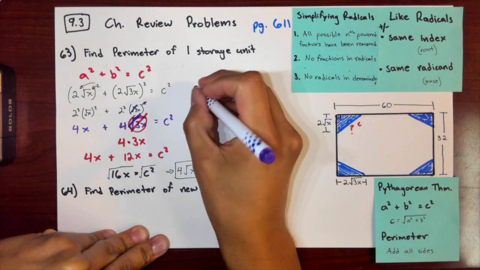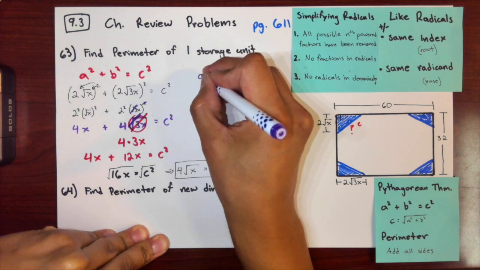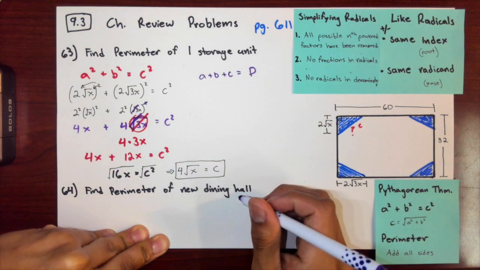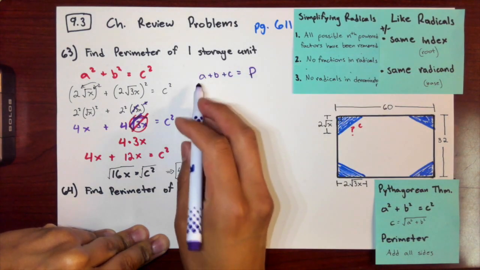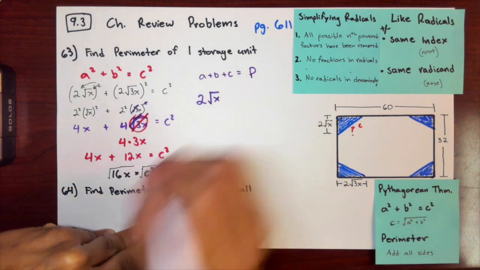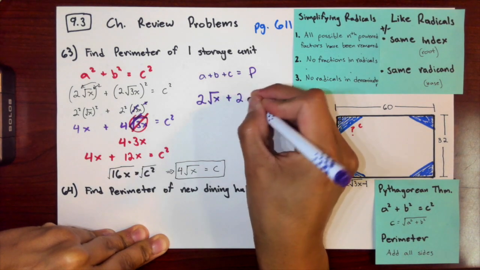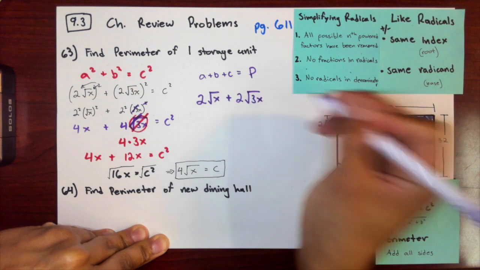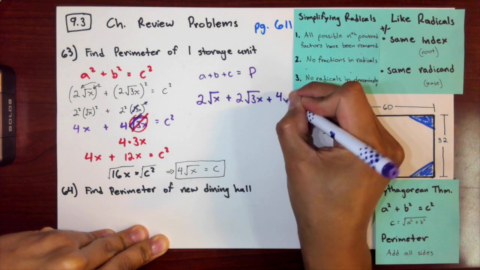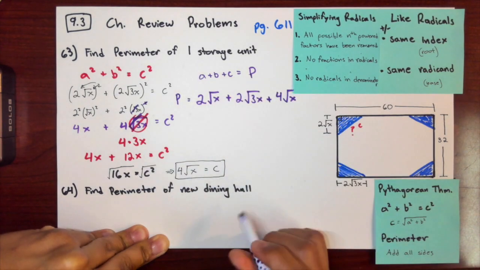We have a plus b plus c, and that's going to equal the perimeter, okay? So the perimeter: a, we said, was 2 square root of x, plus b, we said, was 2 square root of 3x, plus now c, which is 4 square root of x, and that's going to equal the perimeter for us.